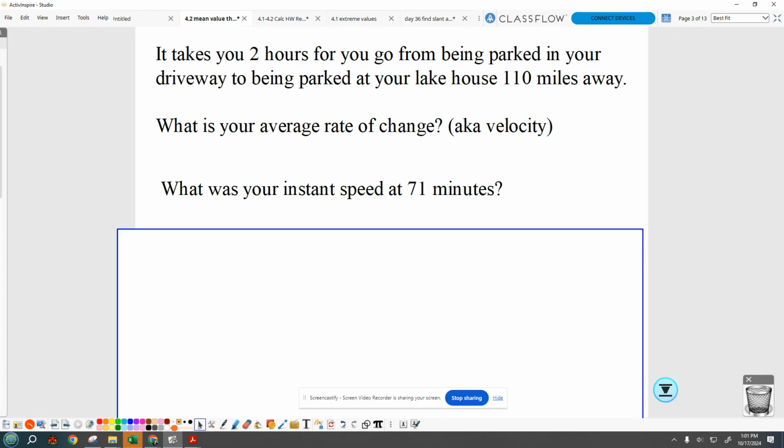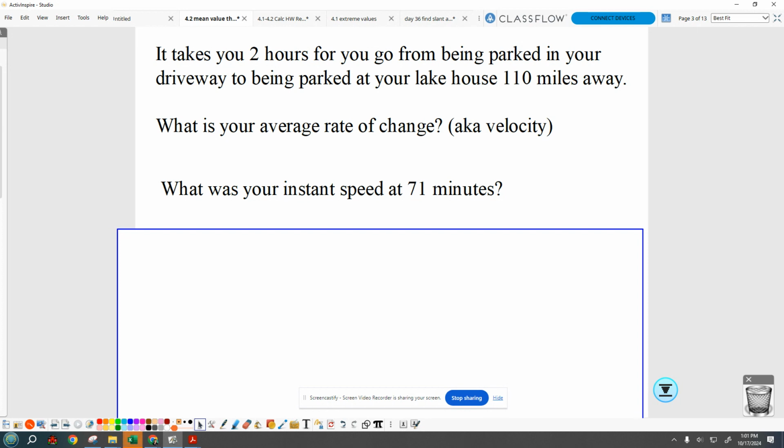What is my instant speed at 71 minutes? Is it 55 miles per hour? Maybe, could be, could not be. You could have sped up and slowed down. Could be 0.